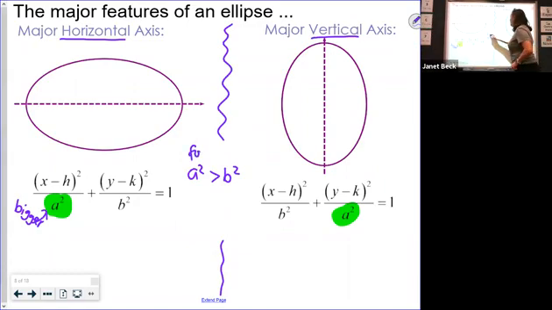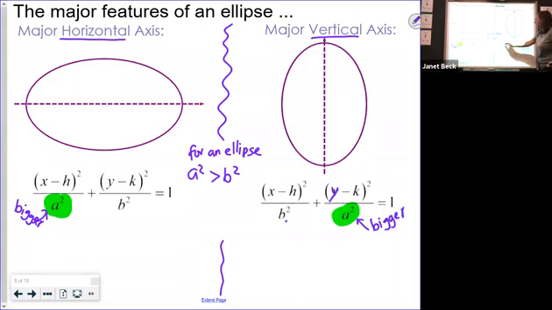This is for an ellipse. When we get onto a hyperbola, that is not true whatsoever. For an ellipse, it's all about the size. This one, it would be vertical because the number you would see here would be bigger than the number you'd see under the X. Okay? So that's what the equations look like.